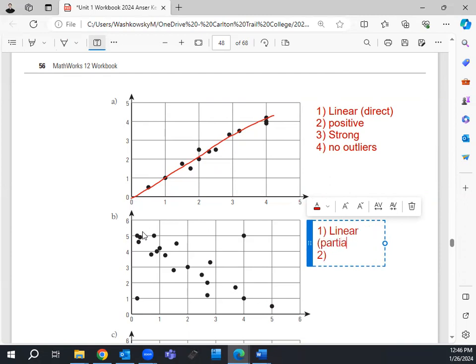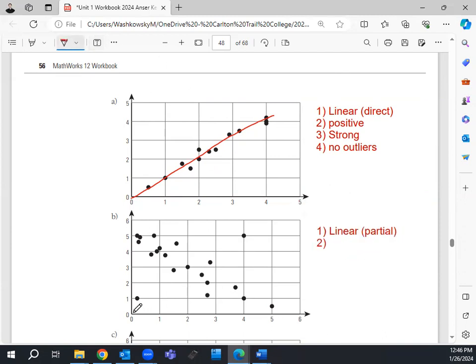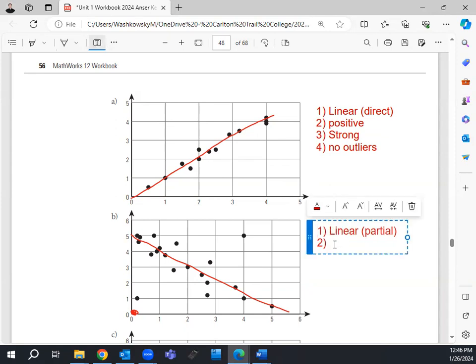Partial. It would be partial, because remember, a partial one is where you have a straight line, but it does not go through 0, 0. This line looks like it's probably not going to go through there. So it's a partial linear relation.